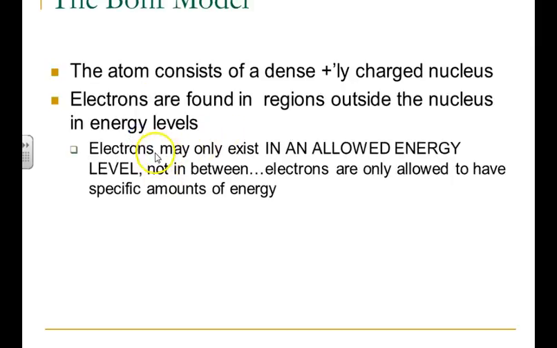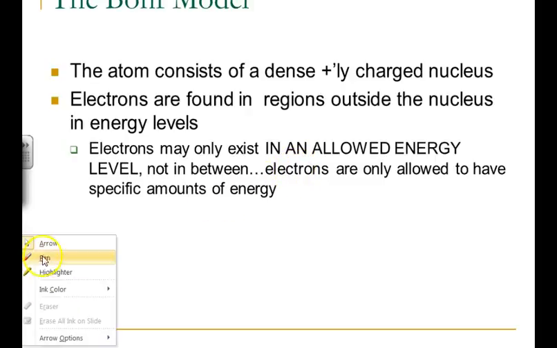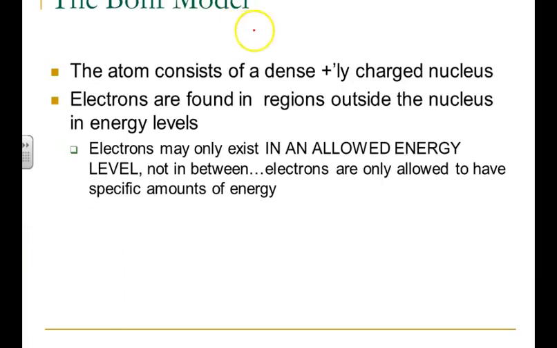And the electrons, this is a difference from Bohr, the electrons can only exist in specific energy levels, specific spaces. They can't exist in between, and electrons are only allowed, therefore, to have very specific energies. If we're looking at Rutherford's model, and we've got a positively charged nucleus, and then we have electrons out here, it looks like we have orbits like Bohr is talking about.